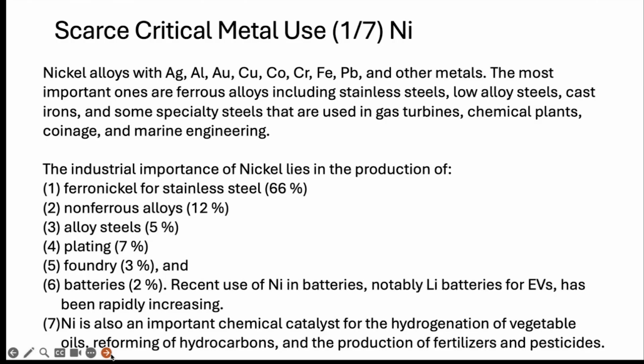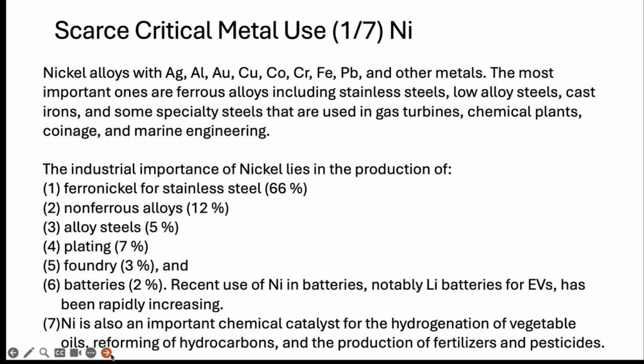Nickel. So nickel alloys with a wide range of metals. Most important ones are the ferrous alloys, including stainless steels, low alloy steels, cast irons, and some specialty steels used in gas turbines, chemical plants, etc. So this is breaking it down. Most of it is used in ferronickel for stainless steel, and then non-ferrous alloys, other steels, things like that.